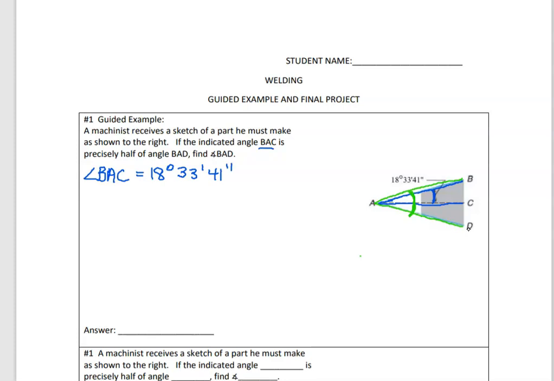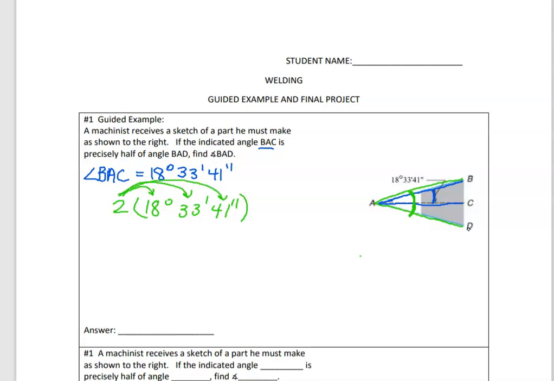So either way it's fine. I'm going to just multiply everything by 2. So I'm going to take 2 and multiply it by all of this: 2 times this, 2 times this, and 2 times this.